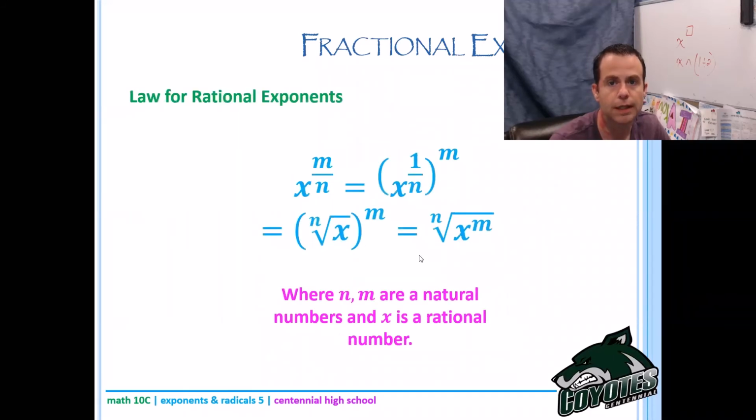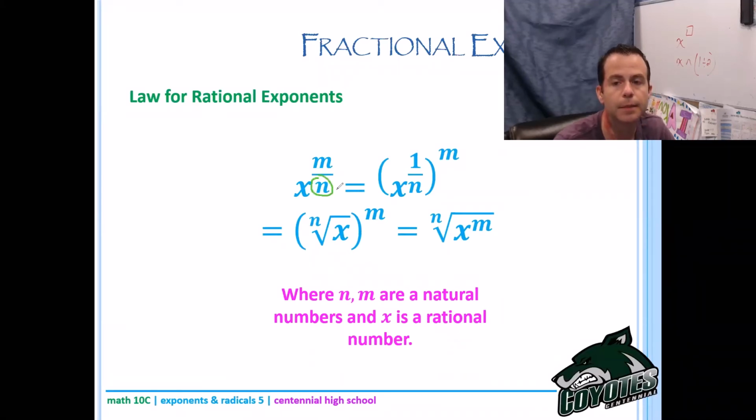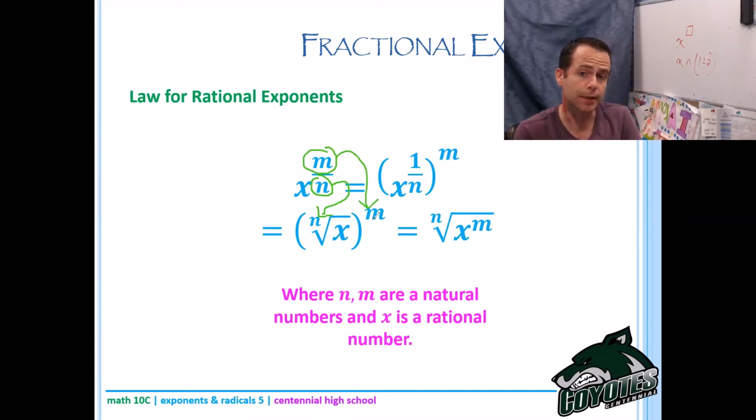So here's the whole thing, the law for rational exponents, x to the m over n. Now look at what I've done. Okay, again, the bottom becomes the root index, and the top becomes an additional exponent, okay? Now, I took you there in a couple of steps because I said x to the m over n is the same as x to the 1 over n to the m, okay?